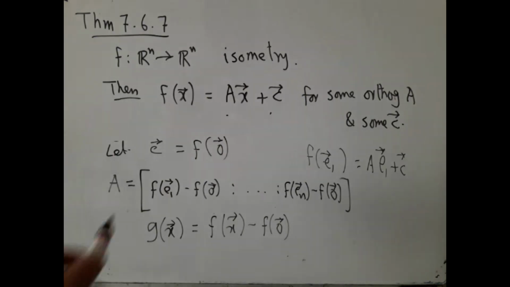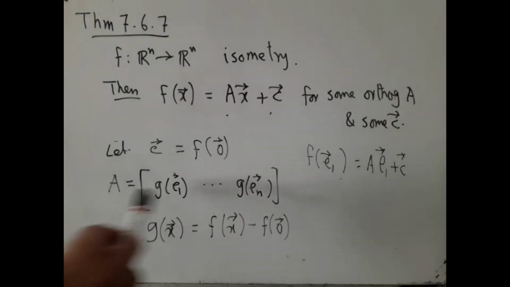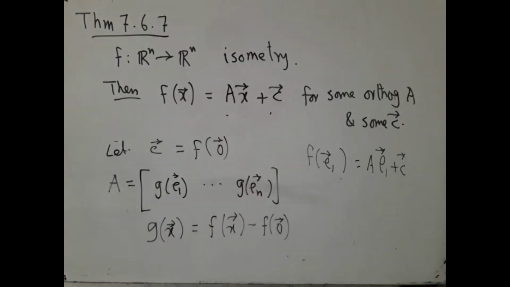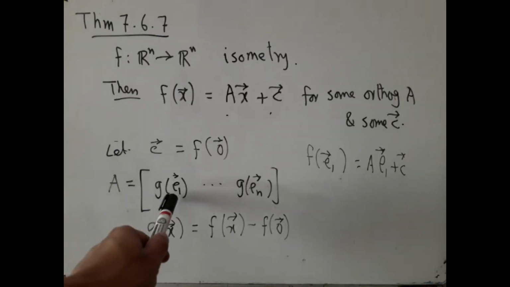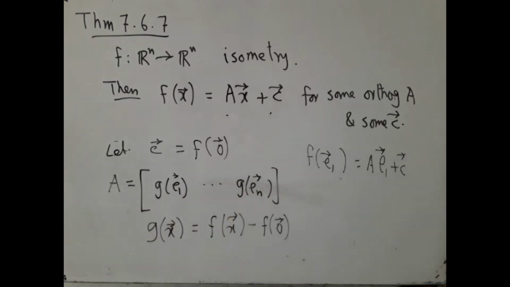Okay, so now write A equal to g of e1, etc., g of en. Now, since g is an isometry, it preserves lengths and inner products. So e1 to en were all unit vectors, so g e1 to g en are also unit vectors. If I take any ei and ej, i not equal to j, they were mutually perpendicular.